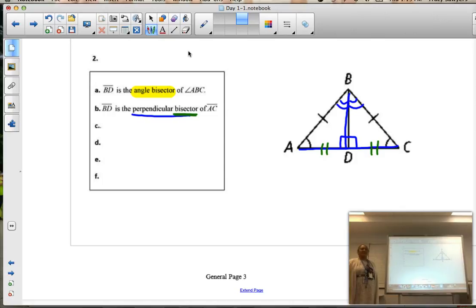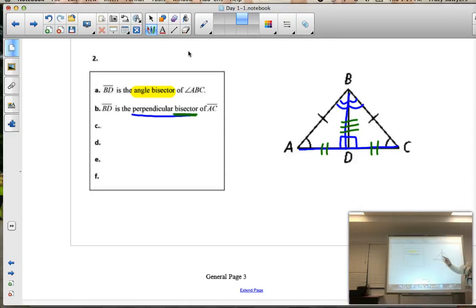Now, I like to ask my students to do something whenever you see a shared side. Before we go over there and finish listing what Miss Sawyer wanted us to find, what side can I put tick marks on, which is not adding something that isn't true because it's a shared side? It's BD. How many? 3.